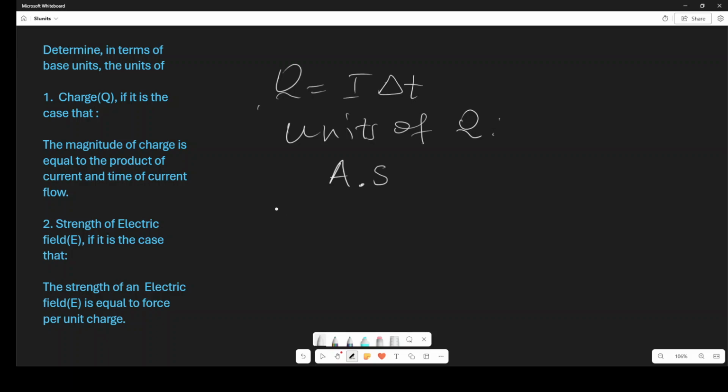So then, okay, thus 1 coulomb, which is the definition of the unit for electric charge, is equal to 1 ampere second.